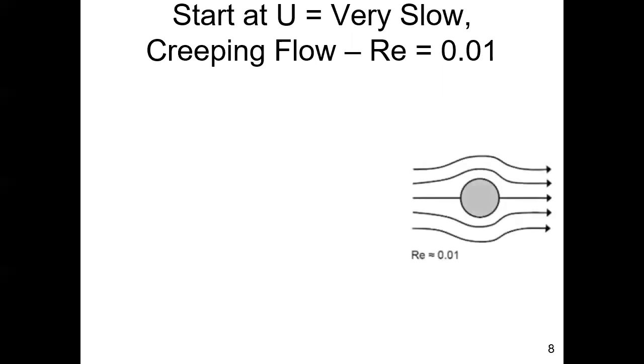And so here is our sphere, and here are some streamlines around it. Again, it's not really easy to see, but in the vicinity of the sphere you start to see changes in the spacing. However, they're not that dramatic. So at this Reynolds number, we have a laminar boundary layer over the entire sphere.